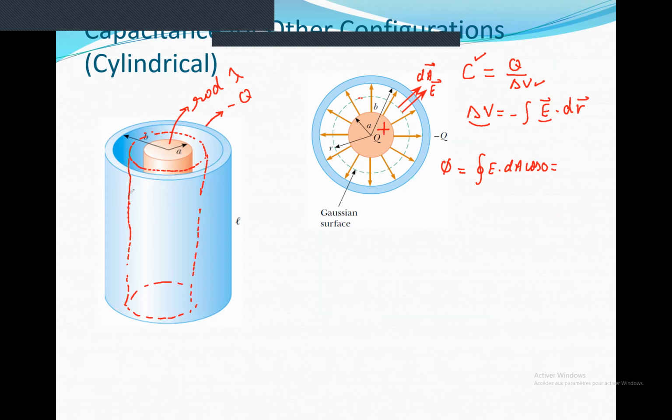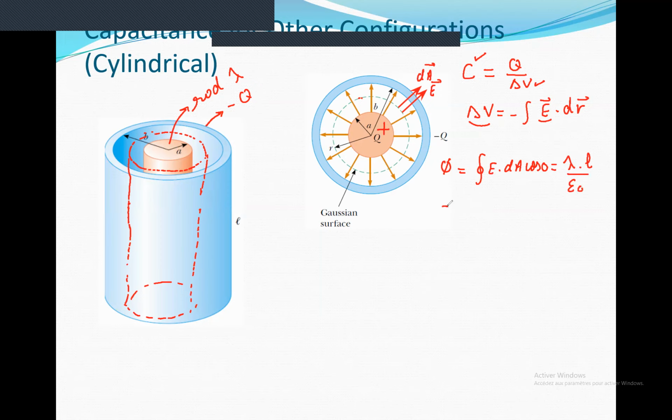Inside the Gaussian surface, we have the positive charge Q. It's a rod with length L. So Q enclosed equals lambda times L, because we have the total length of the rod inside the Gaussian surface. So E dA equals lambda L divided by epsilon.